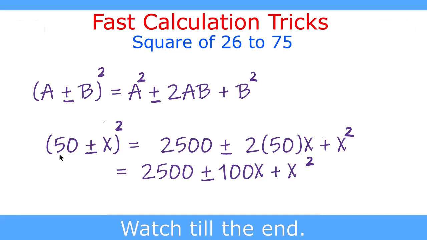Or we have taken the square of 43. 43 can be written as 50 minus 7 whole square, and then it can be solved as 2500 minus 7 into 100 which is 700 plus square of 7 is 49. So 2500 minus 700 is 1800 plus square of minus 7 which is 49. So this will be 1849.